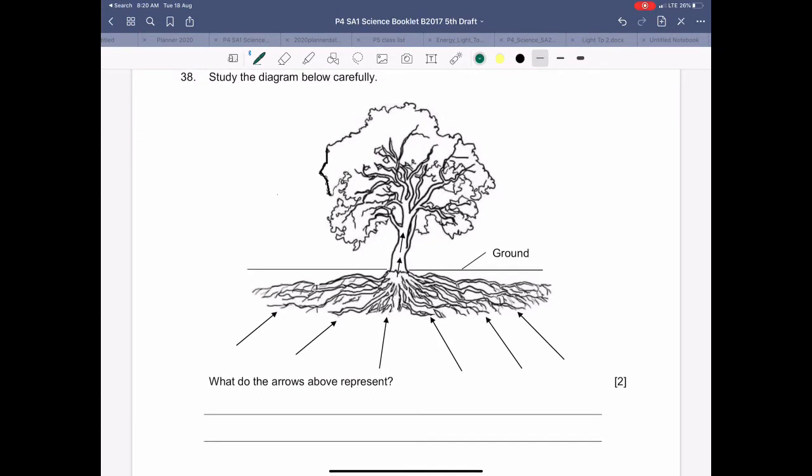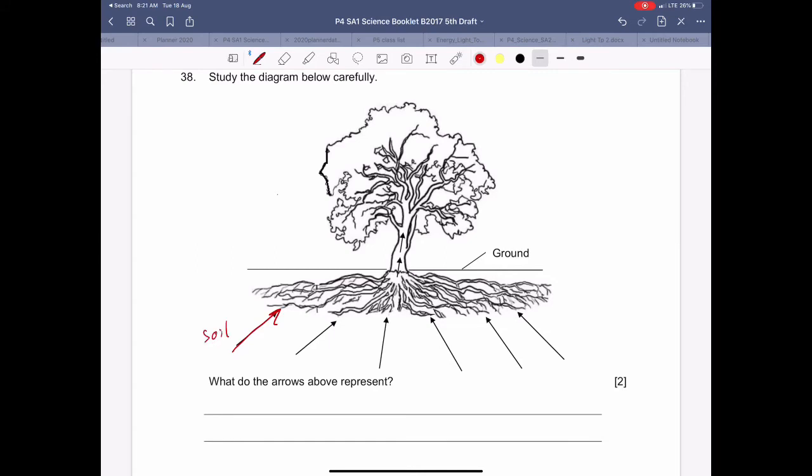Study the diagram below carefully. What do the arrows above represent? This is a very simple question, but at the same time, many people got this wrong. So I need you to focus on the screen, eyes on screen. If you take a look at it, the arrows are coming from this area here. This is actually the soil.